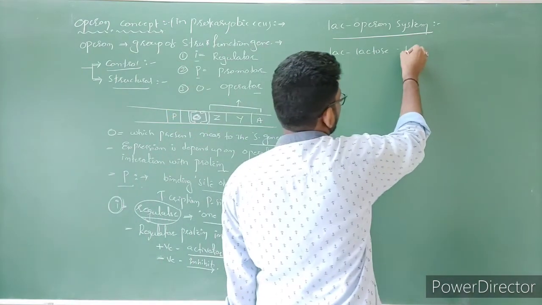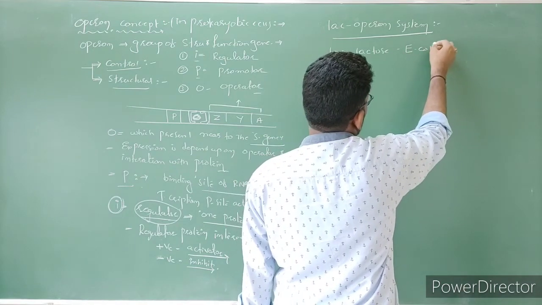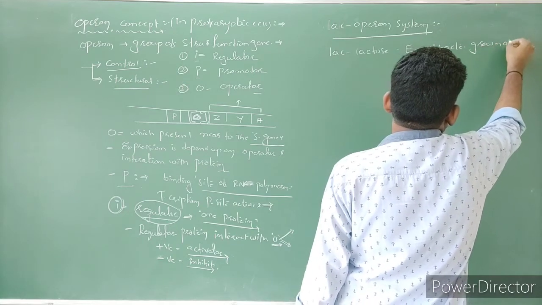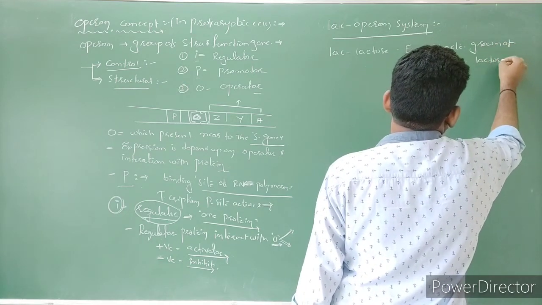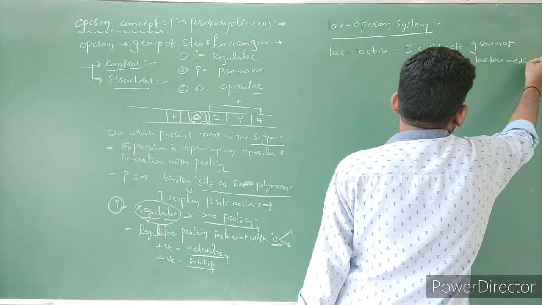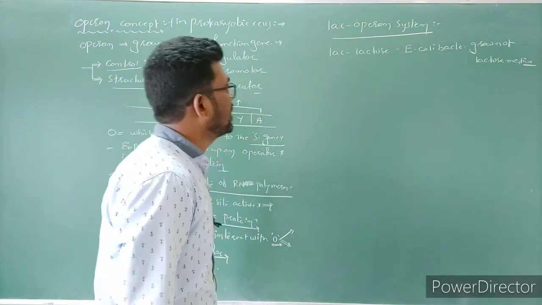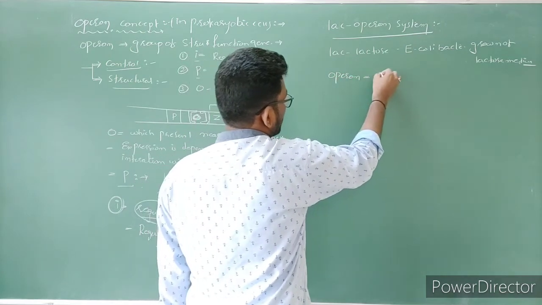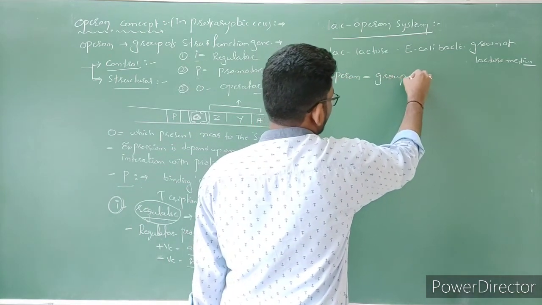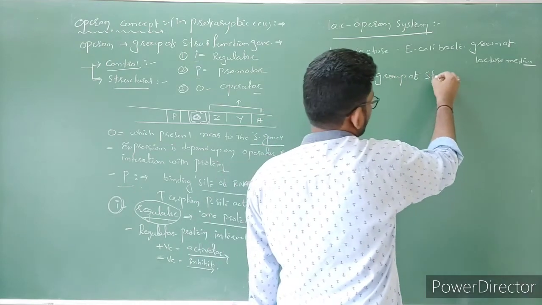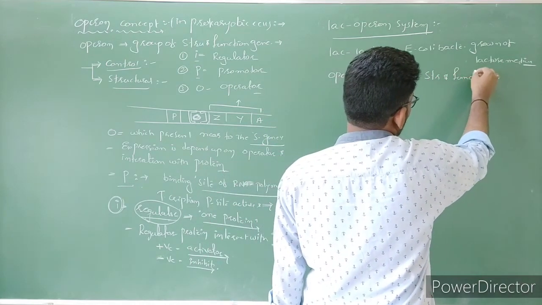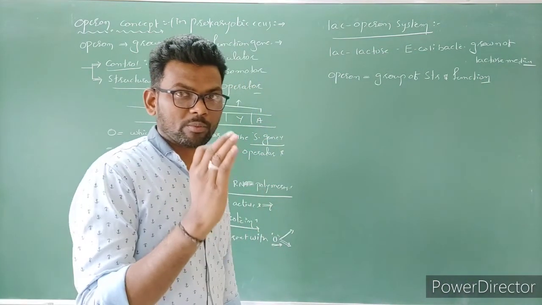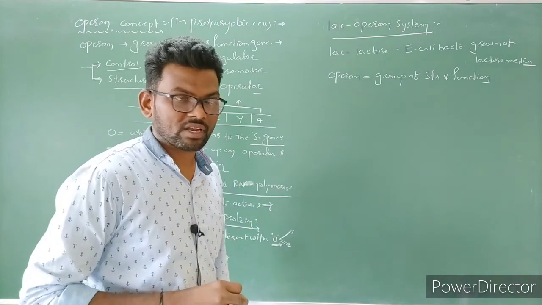Operon means a group of structural and functional genes, which perform one set of function or one particular function.